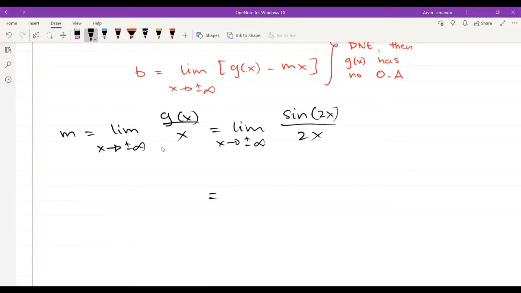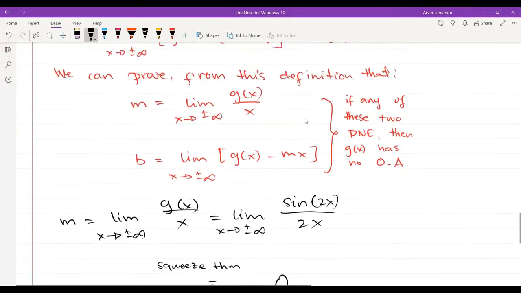We can actually use the Squeeze Theorem to show that the limit of this function is equal to 0. Okay, so m exists, but does b exist?